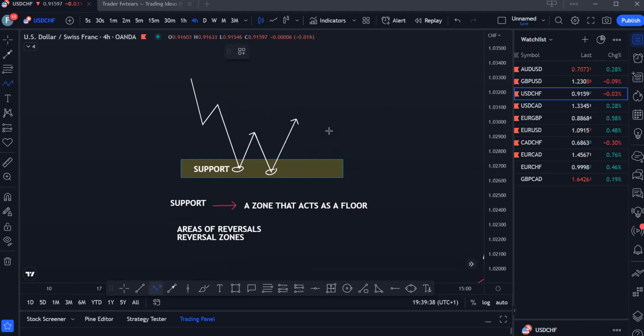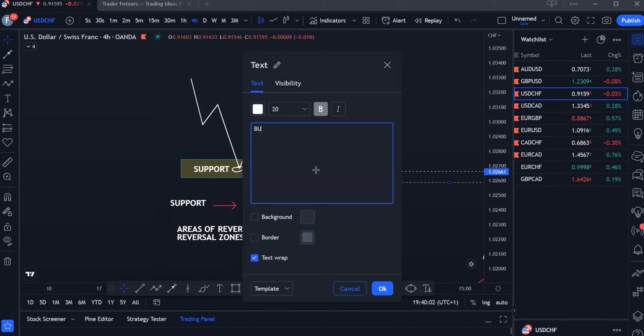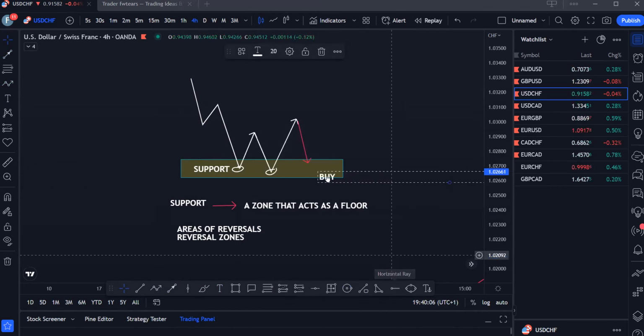So if price should come back into that zone again, because the zone has acted as a support zone in the past and has been validated as a strong support zone, you as the forex trader want to look for possible buy opportunities. So you want to buy at support.